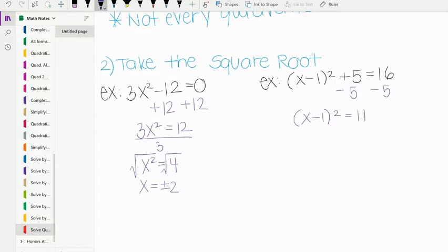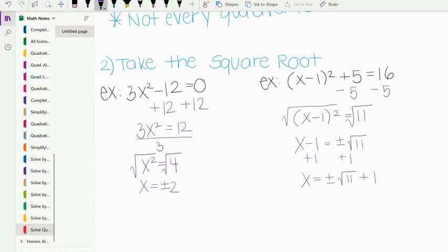Now in order to undo that squaring, I have to take the square root. So I get x minus 1 equals plus or minus the square root of 11. And the last step is to just add that 1. So we get x equals plus or minus root 11 plus 1. So again, that's two solutions.